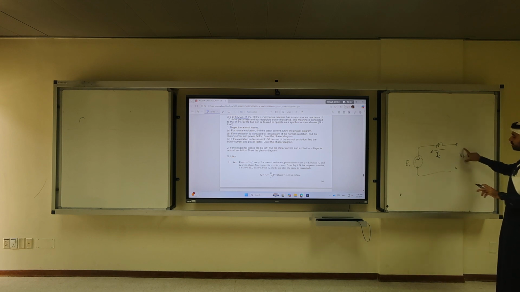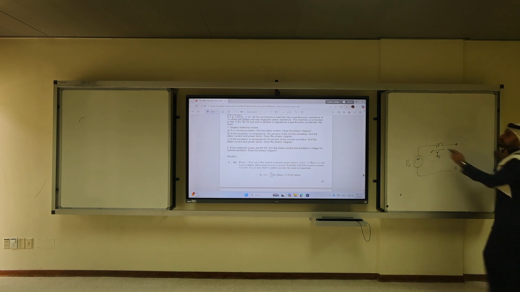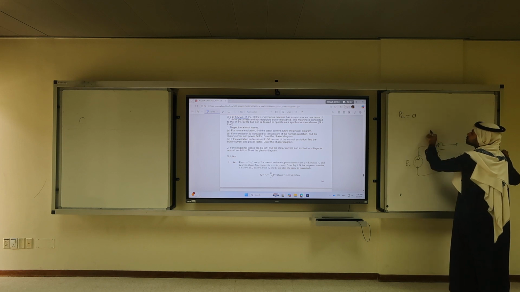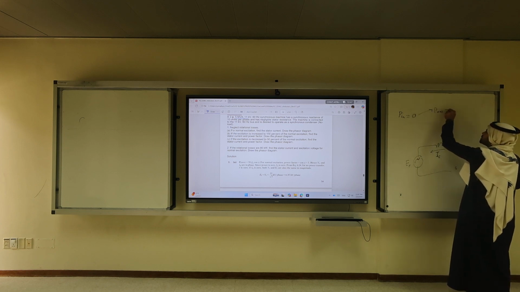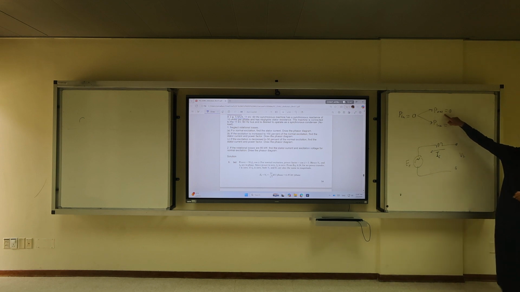Assume VT is fixed. Assume that we neglect the losses, so it means P input power is 0. Why? Because my P output is 0 and my losses are 0. Why is P output 0? Because there is no mechanical load, no torque, in my synchronous motor.